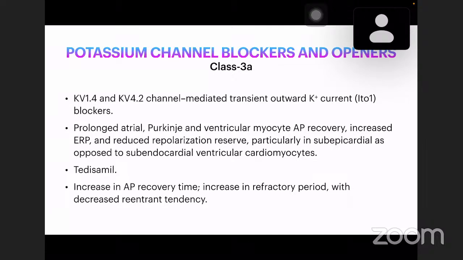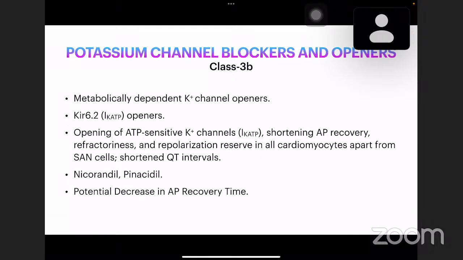So coming to class 3B, we have potassium channel openers. These are metabolically dependent potassium channel openers, particularly inflow of potassium and ATP. These openers increase the inflow of potassium.